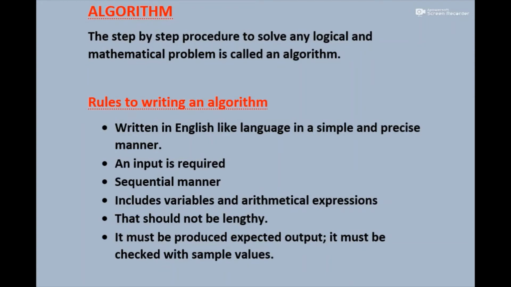Next one is if statements that are of similar type should be combined to avoid lengthy code, so the algorithm should not be very lengthy. And the last rule is to ensure that an algorithm produces the expected output, so it should be checked using sample values. These are some rules which should be remembered whenever we write any algorithm.